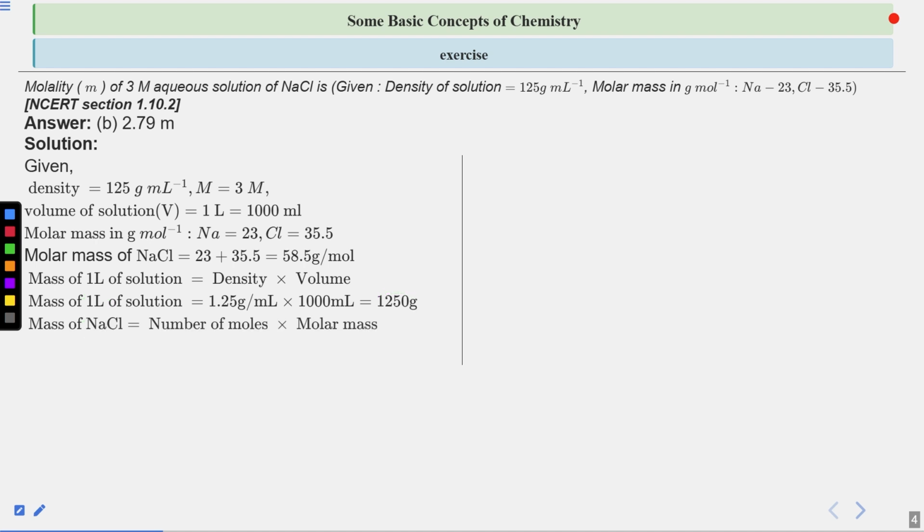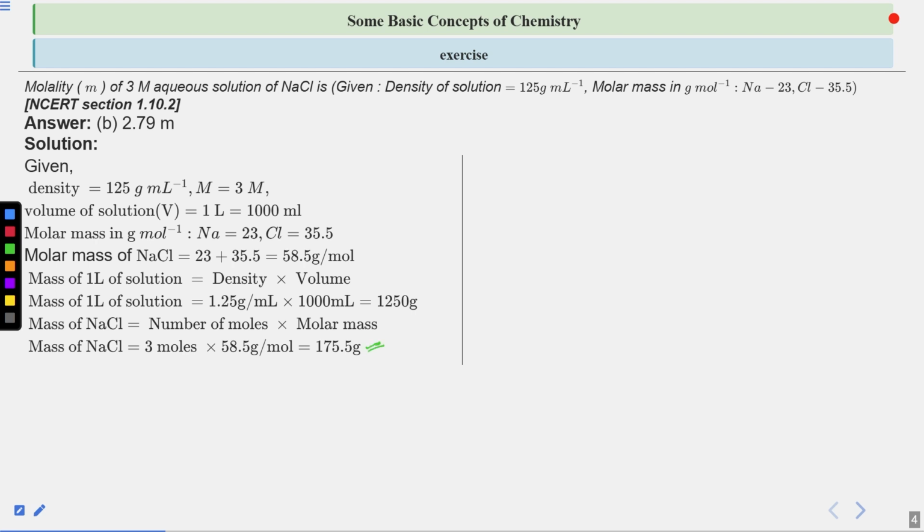Now how many moles are dissolved in the 1 liter solution? 3 moles are dissolved. So 3 multiplied by the molar mass will give the amount of NaCl present. If you do that, you will get 175.5.